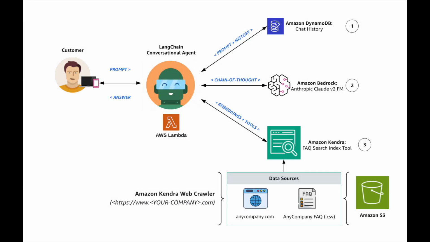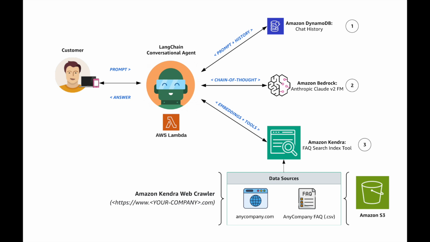As part of the agent's chain of thought reasoning, the agent can make use of tools, in our case, one particular tool, an Amazon Kendra index, which has been configured with two data sources, one being an Amazon S3 bucket that contains FAQ documents for AnyCompany, and the second being an Amazon Kendra web crawler that's configured for the customer's root domain. So that allows us to perform Retrieval Augmented Generation, or RAG, which allows us to augment the foundation model with additional data sources.